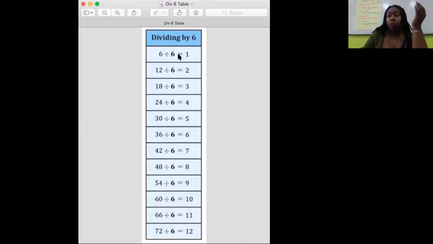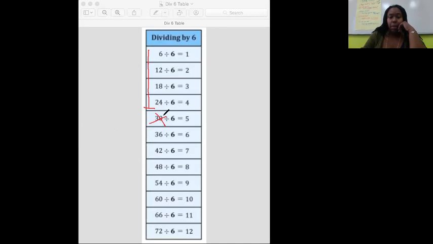And what I'm going to look for, step 2 told me that I need to look for the dividend that's closest to the numerator. My numerator was 27. Okay, so that means I'm going to look all the way down and say, okay, 6, 12, 18, 24, stop, because 30 is too big.